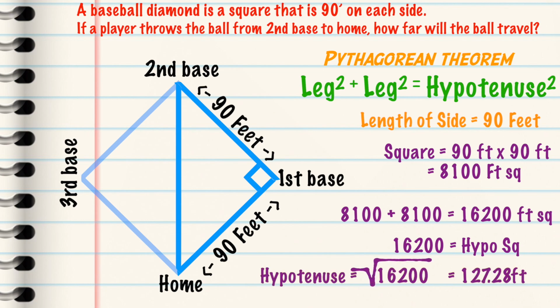So, the hypotenuse is equal to the square root of 16,200, which is 127.28 feet. The baseball will travel 127.28 feet.